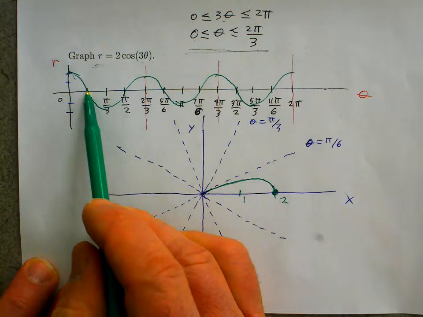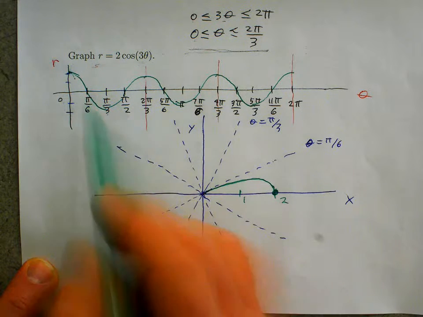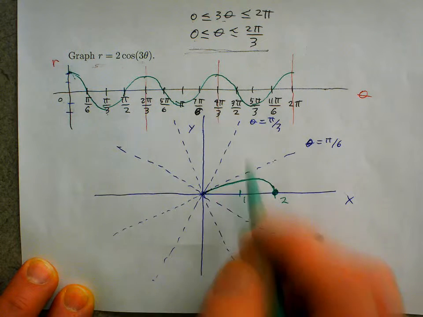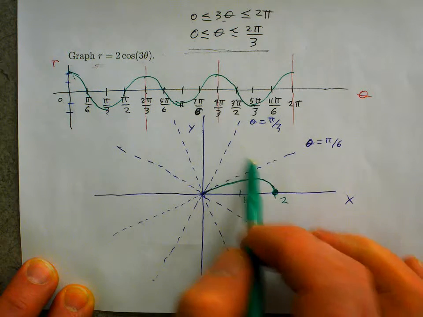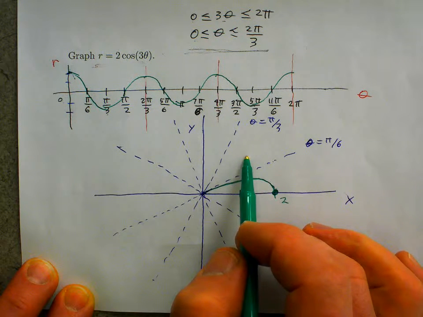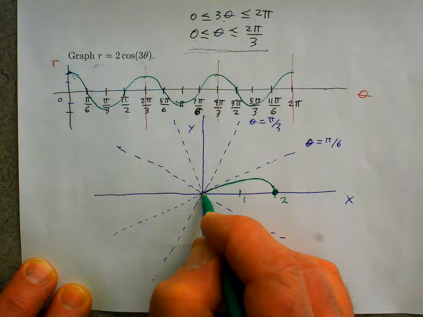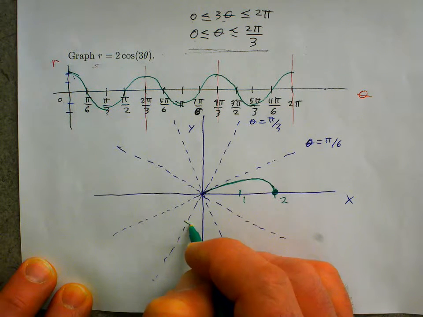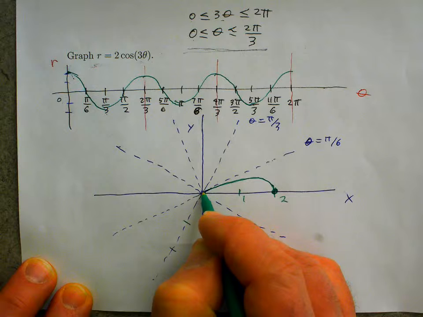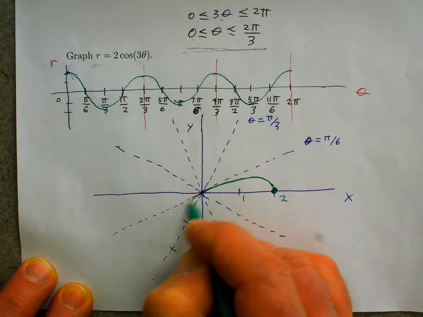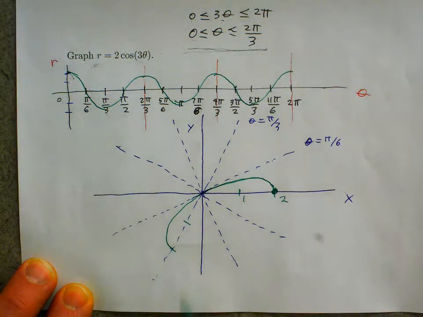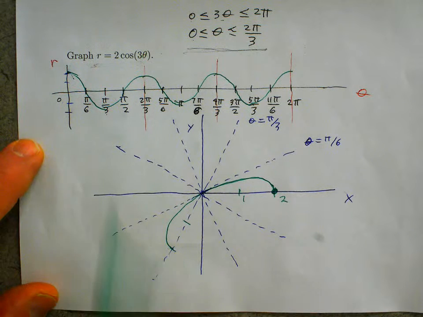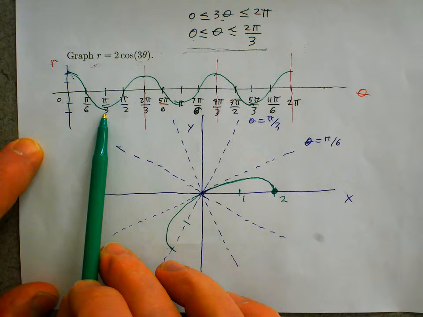So the r values will go from 0 to negative 2 between theta equals pi over 6 and pi over 3. So it's going to be over here, and it's going to be 2 units along that dashed line. Okay, so this is what gets us through pi over 3.